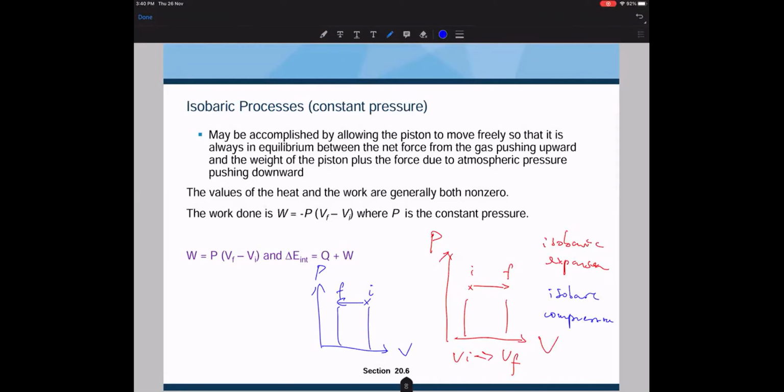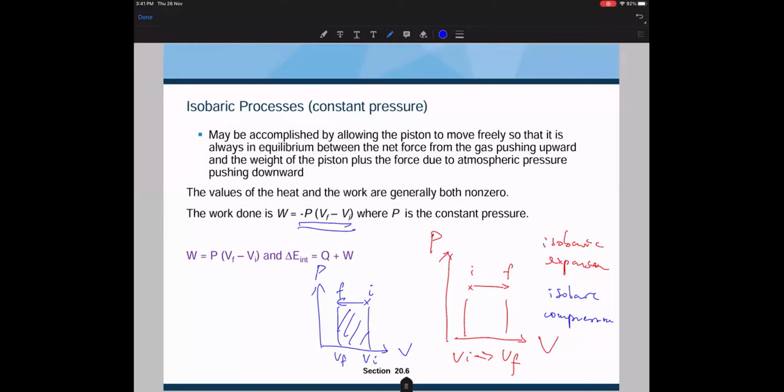The work done in this case can be quite easily calculated. Remember, once again, it is the area under the process path. Well, or should be the negative of the area under the process path in the PV diagram. So say in the compression case, VI, VF, the work done is minus P (VF minus VI).